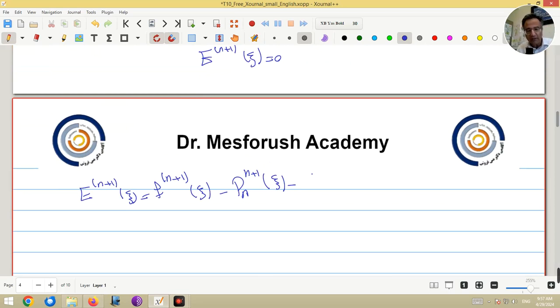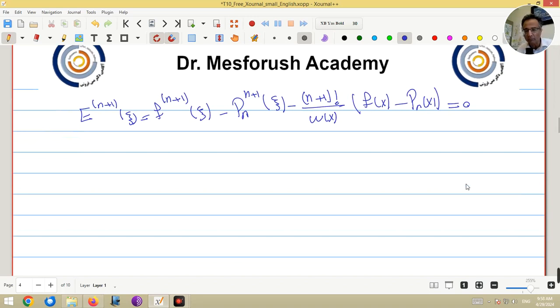So here I get (n+1) factorial over w of x times (f of x minus Pn of x), and this will be equal to 0.